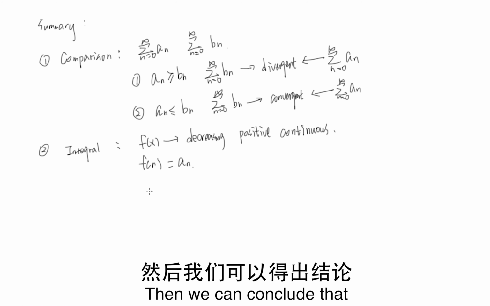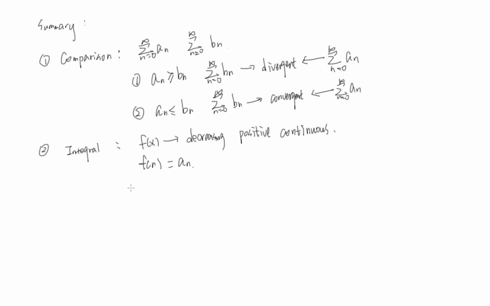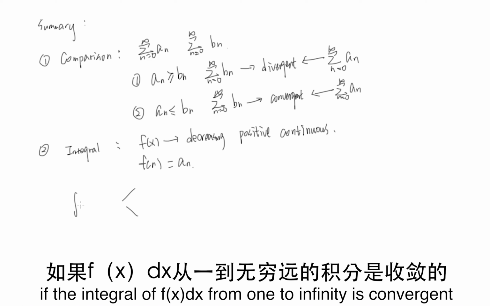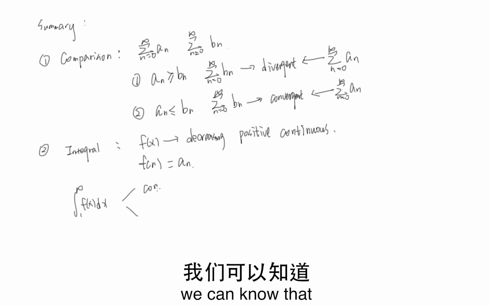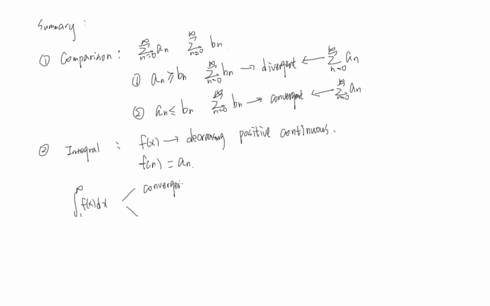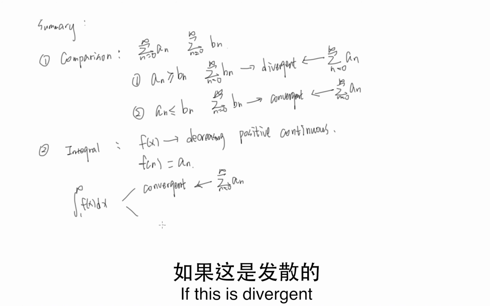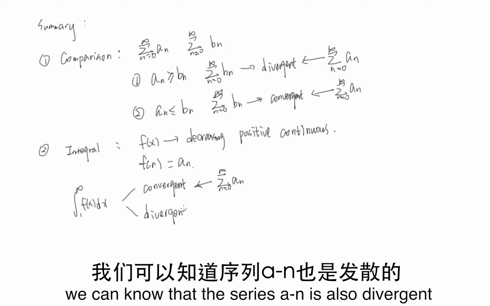Then we can conclude that if the integral of f(x) dx from 1 to infinity is convergent, we can know that the series an is also convergent. If this is divergent, we can know that the series an is also divergent.